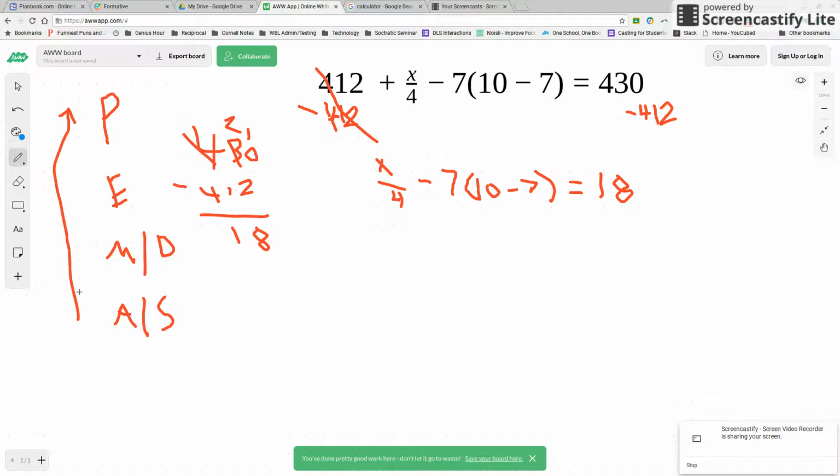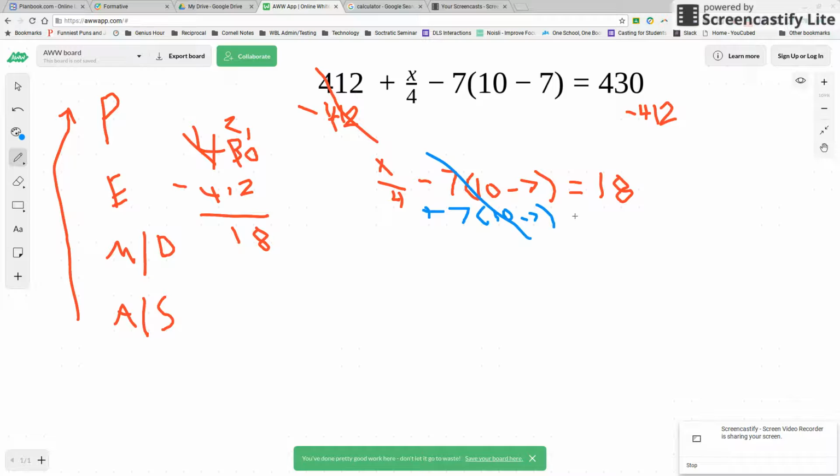Now we still have to look. Is there any other adding and subtracting we need to undo? Yes, there is. We need to undo this subtraction right here. It says we're taking away 7 times 10 minus 7. So we're going to add 7 times 10 minus 7 to cancel it out.